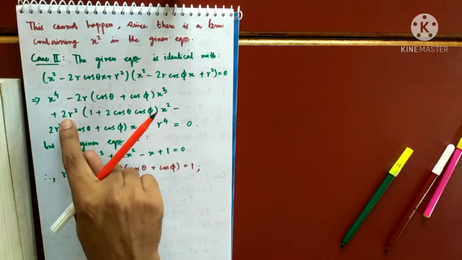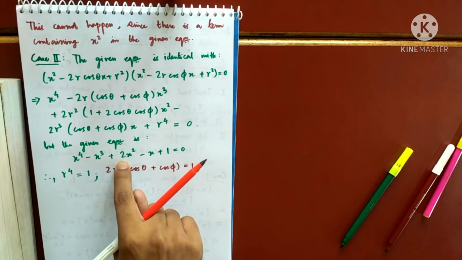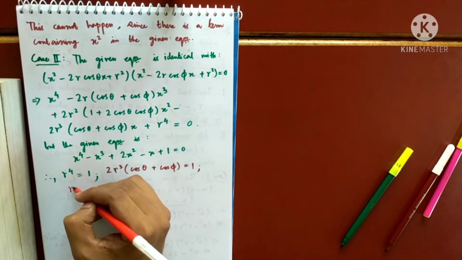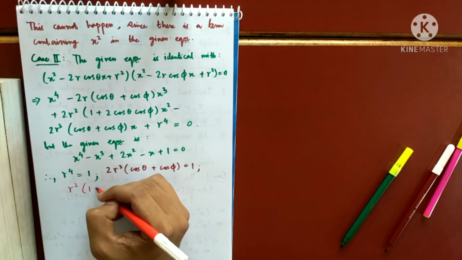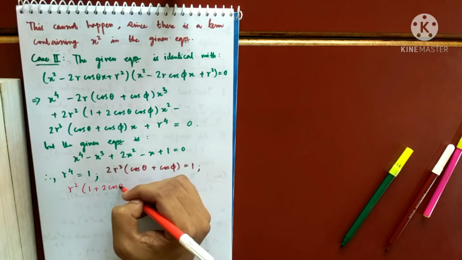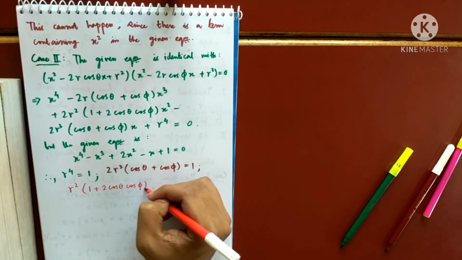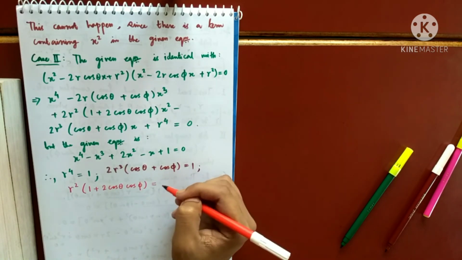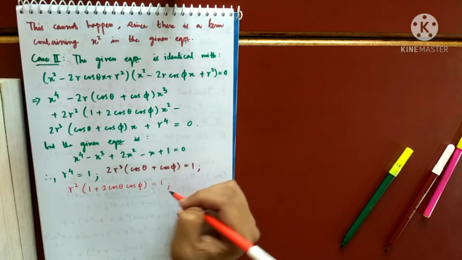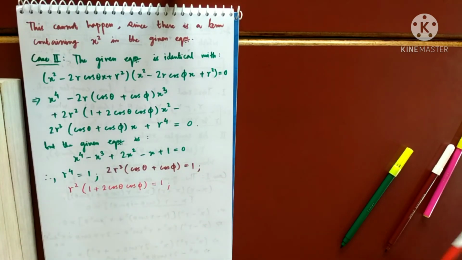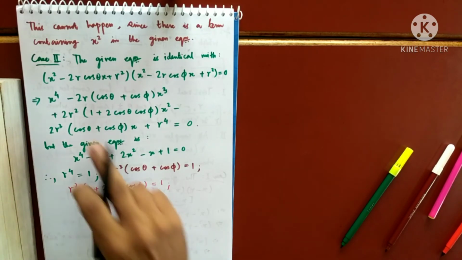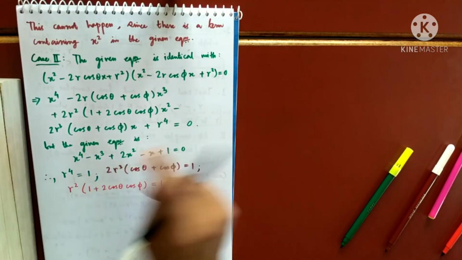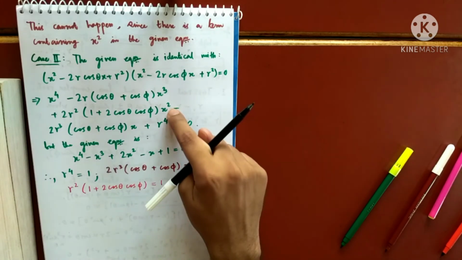The coefficient of x square is this, the coefficient of x square is 2, so 2 and 2 will get cancelled. So what I'll get? r square, 1 plus 2 cos theta cos phi, equals to 1.